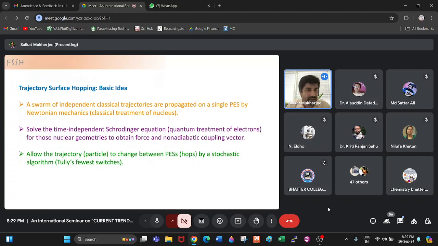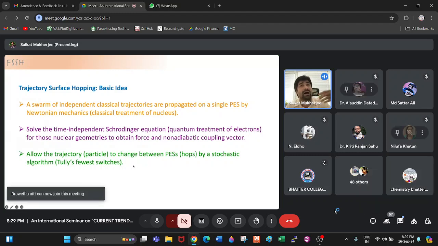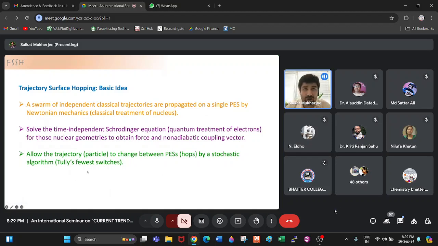It will give me those, and then I allow the trajectory to hop from a higher excited state to a lower excited state, or vice versa, by a stochastic algorithm. That is called the fewest switch algorithm.